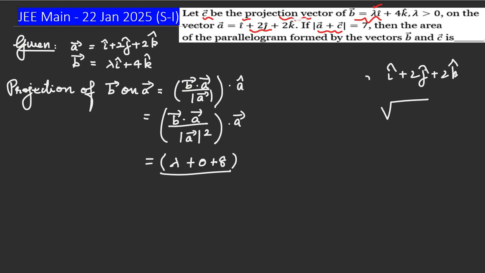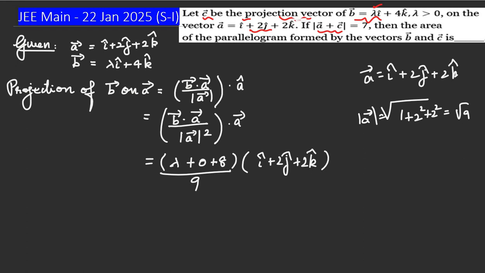So mod of A will be root of 1 plus 2 square plus 2 square, which is root of 9. We want mod of A square, so it gives us 9, into A vector, that is I cap plus 2 j cap plus 2 k cap. Now we have lambda plus 8 divided by 9 into I cap plus 2 j cap plus 2 k cap.